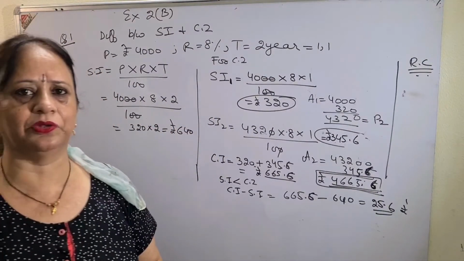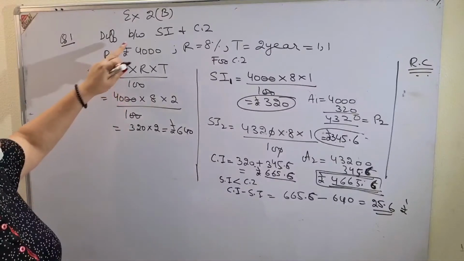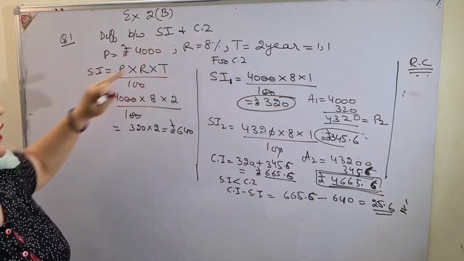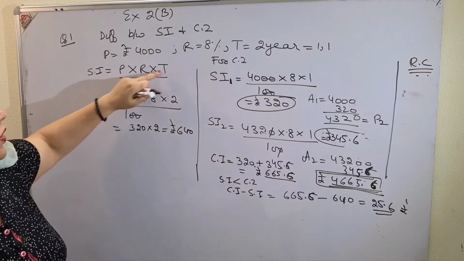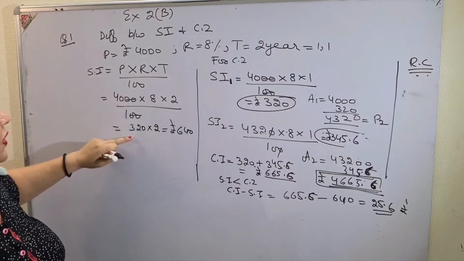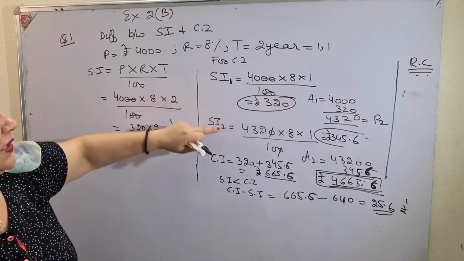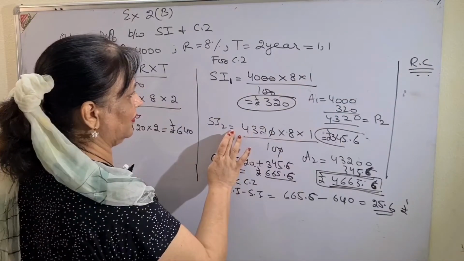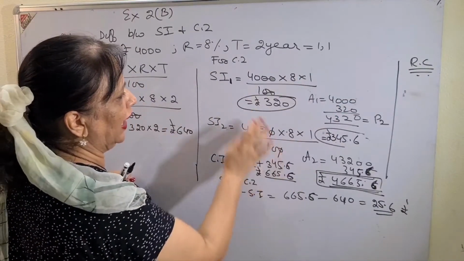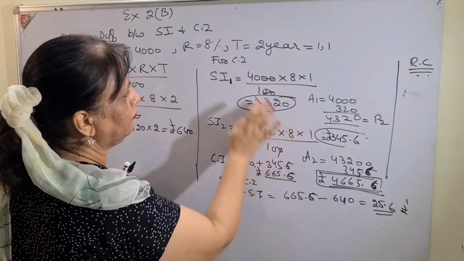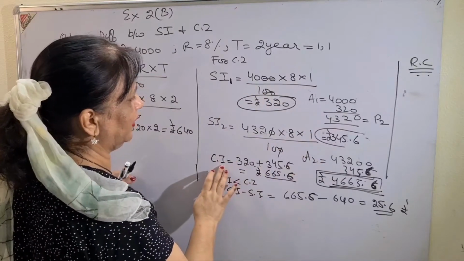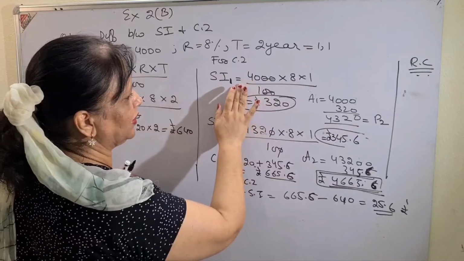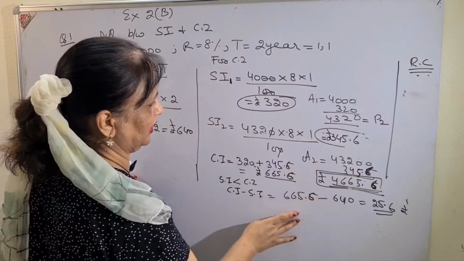I have to make the question different. Understand that for the difference between SI and CI, SI is equal to P into R into T upon 100. SI1, SI2: whatever is the amount for the first year will become the principal of the second year. If you add the two interests, that is also CI. If you subtract the original principal from the final amount, that is also CI.